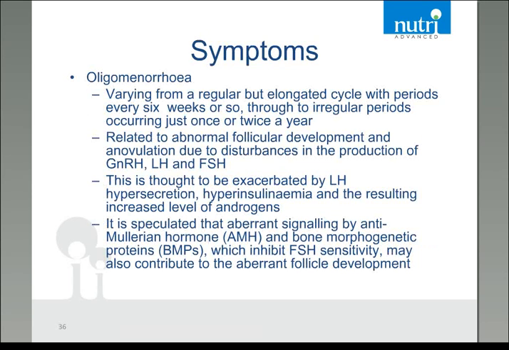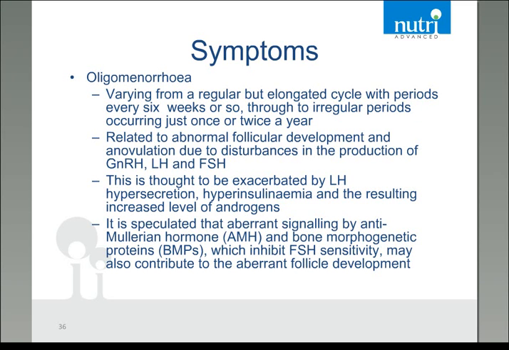So symptoms include oligomenorrhea, so varying from a regular but elongated cycle with periods every 6 weeks or so through to irregular periods occurring just once or twice a year, related to abnormal follicle development and anovulation due to disturbances in the production of hormones.